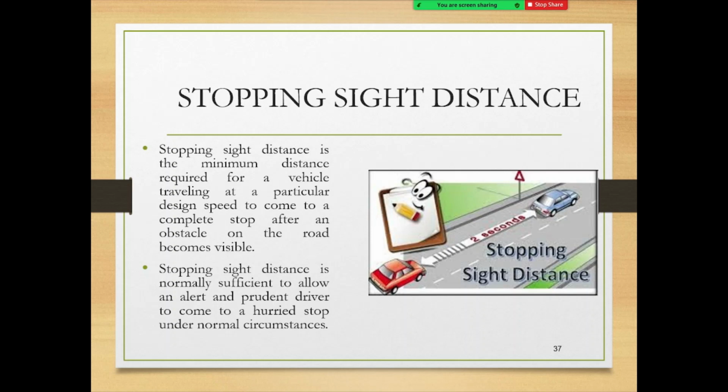So are you a prudent or an alert driver? No. Right? So when you are on the road, you should be alert and prudent. Why? Because we have designed the stopping sight distance for an alert and prudent driver.